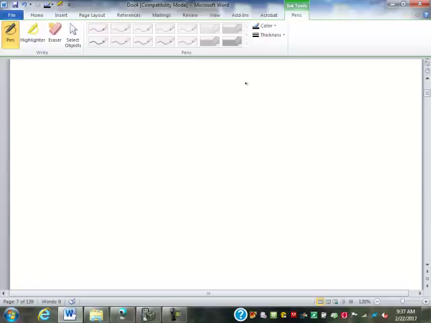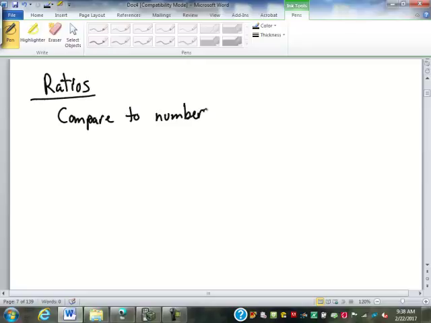All right, well, our main topic for today is we're going to start talking about ratios. A ratio is a comparison between two numbers. So for example, if I look around the room, we have 8 students in here right now, and there are 4 that are gone.